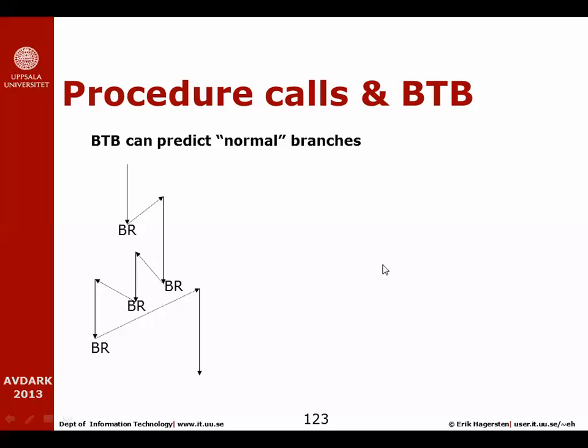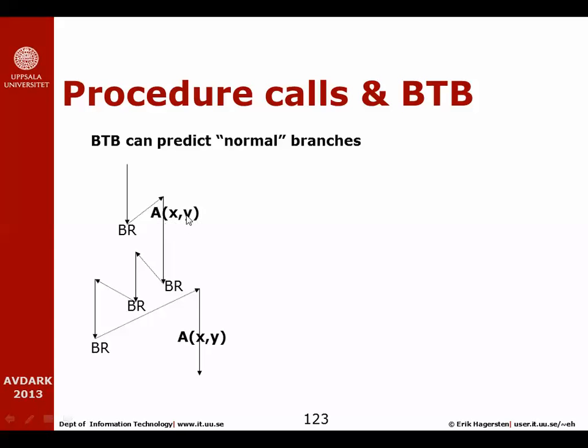The last thing we're going to talk about is how to handle calls to functions or procedures. What I have here is a picture of some execution path of some kind of program where the branch will jump to some new basic block and start executing there. And in this code, we have 2 calls to the same function or procedure.